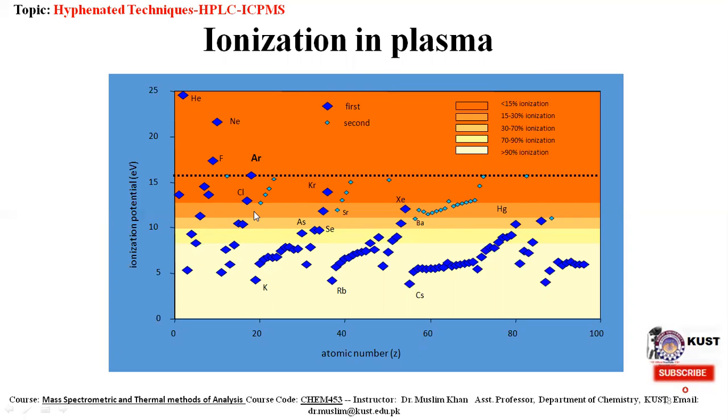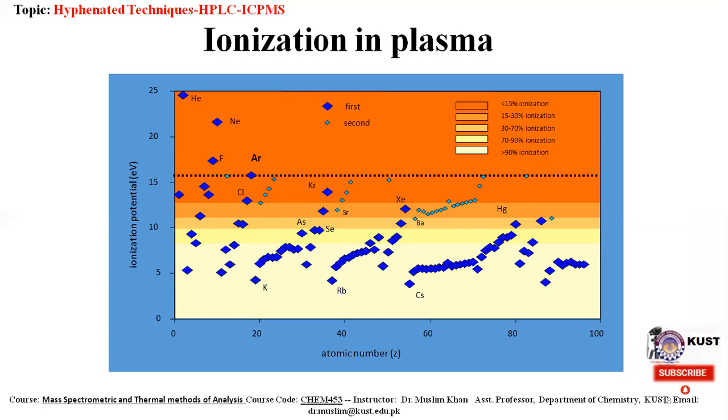The majority of these elements are ionized, having ionization potential in the order of 4 to 12 electron volt. It is the generation, transportation, and detection of a significant number of positively charged ions that give ICPMS its characteristic ultra-trace detection limit capability.